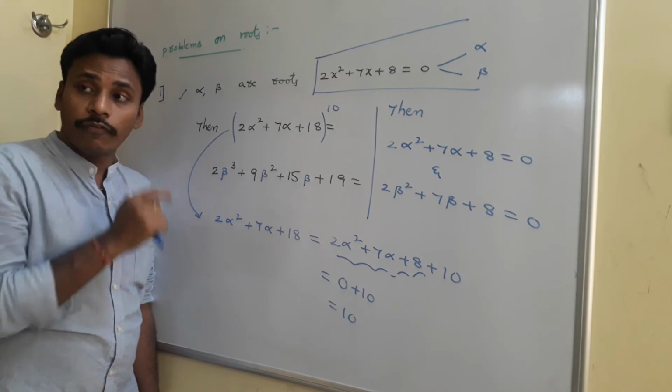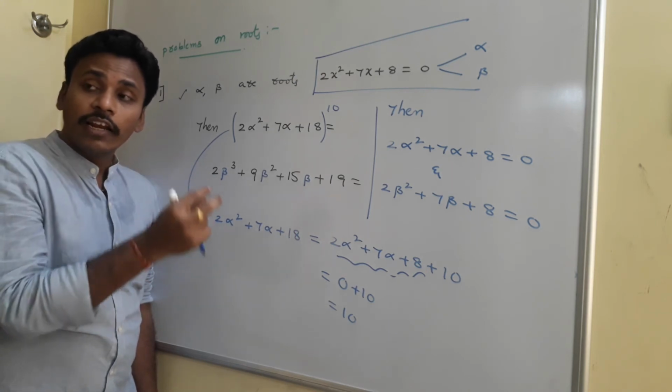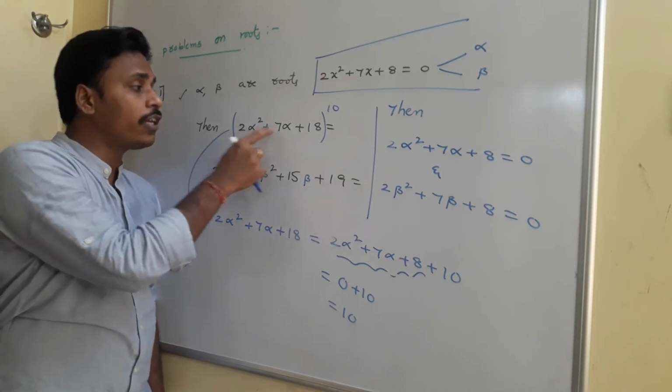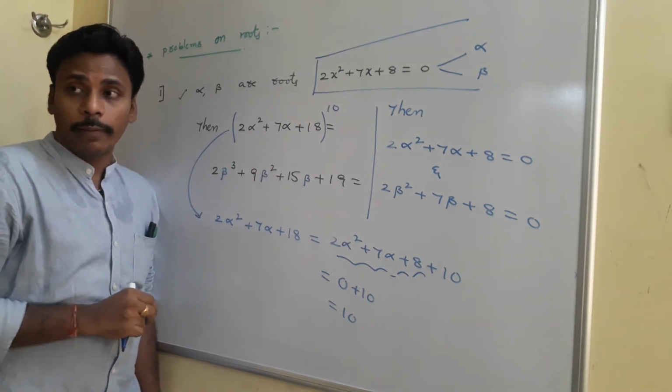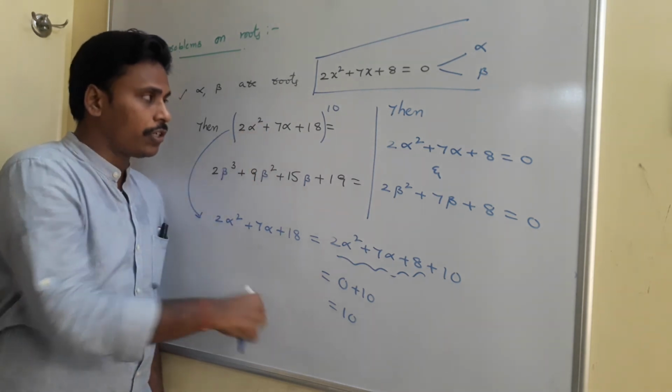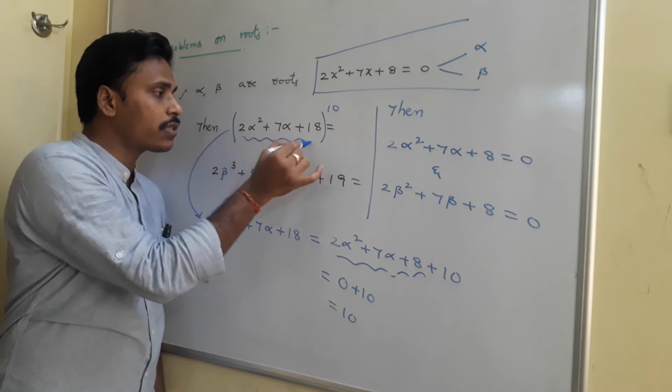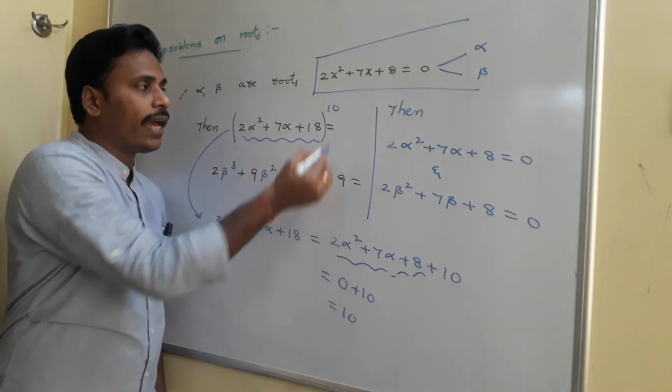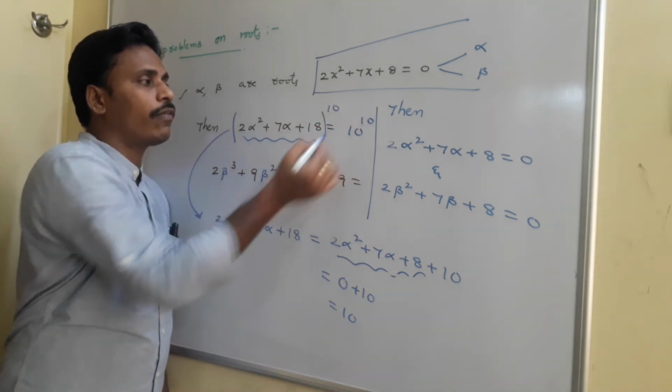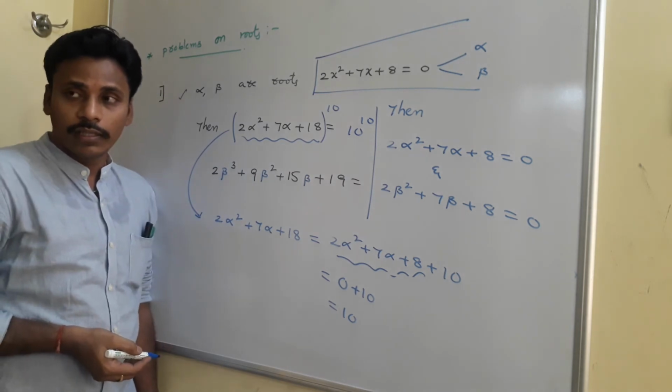If you find alpha and then replace the value of alpha here, it will take much of your time. As per this procedure, since 2 alpha square plus 7 alpha plus 18 is 10, directly your answer for this is 10 power 10. There ends your task. Is it clear?